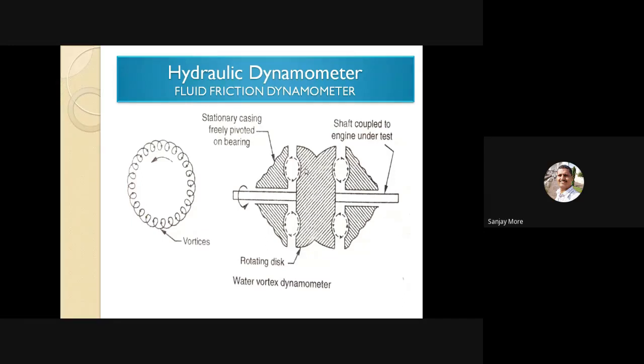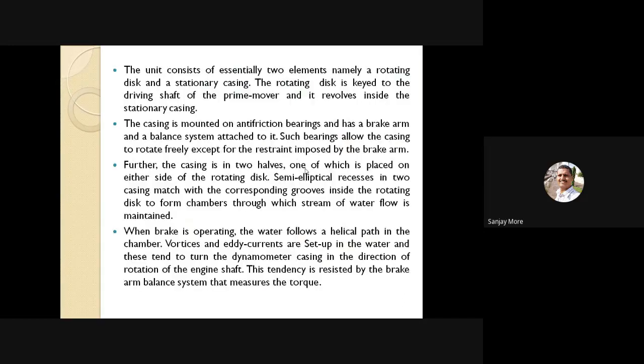Okay, so here see the details. The unit consists of essentially two elements. One is a rotating disc and the second one is a stationary casing. The rotating disc is keyed to the driving shaft, meaning the left side shaft of the prime mover, the input, and it revolves inside the stationary casing.